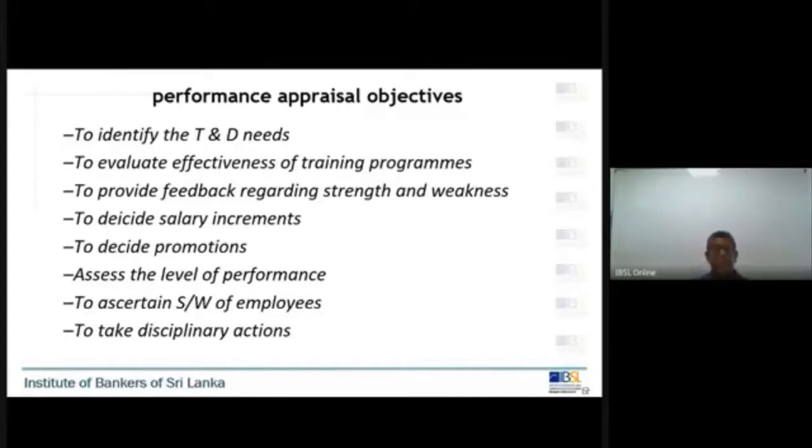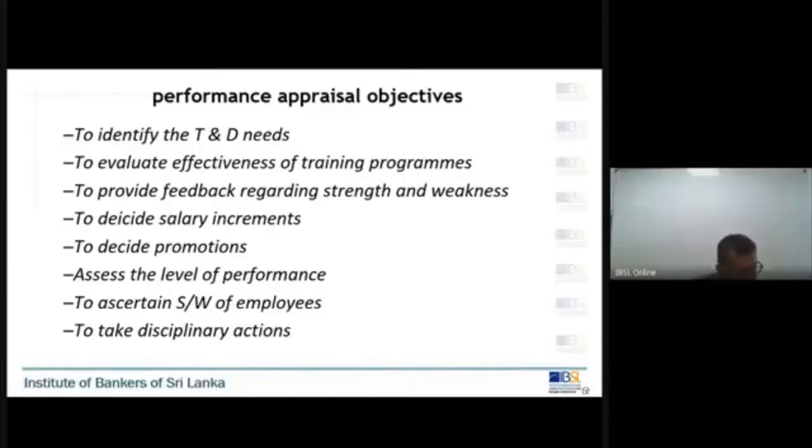To identify your weaknesses, so you can strengthen and rectify them. How is it important to management? To identify your training requirements, for promotion, disciplinary actions and things like that. So performance appraisal is beneficial in both ways.